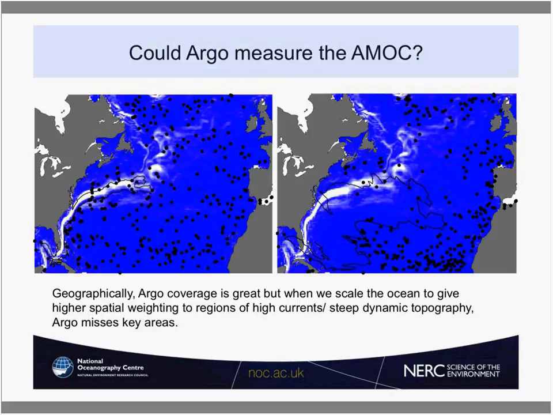Now, looking at the black dots, this is where the Argo floats would be if the gradient of mean dynamic topography was relatively constant over the whole of the North Atlantic. And you see that the Argo floats don't really sample inside these regions of sharp dynamic topography. One of the reasons is that a number of Argo floats did stay inside the Gulf Stream closer to the Newfoundland region, where a lot of the rest of the western boundary really didn't hold any Argo floats. Argo doesn't measure in the sharp dynamic topography where we really need these measurements.